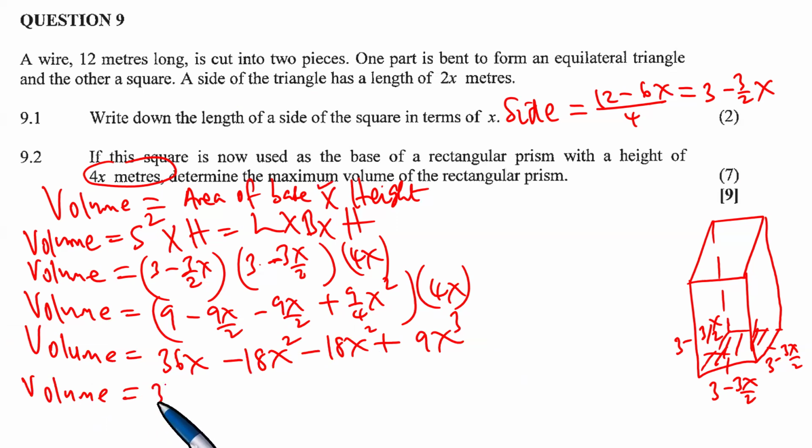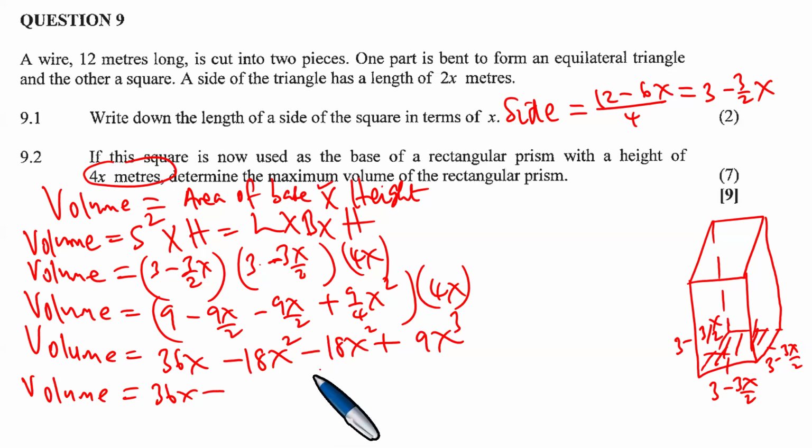What is the volume? It is 36x minus 18. 18 gives us what? It gives us 36. How true is this? Yes, it is correct.